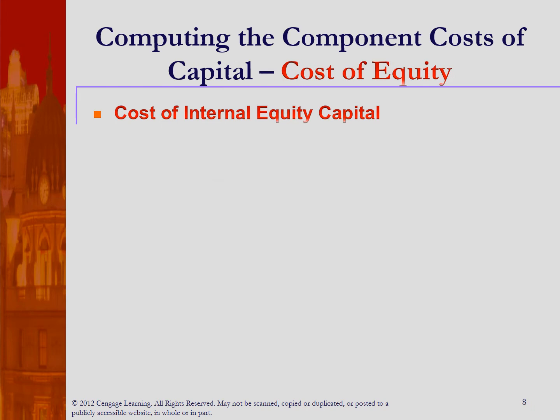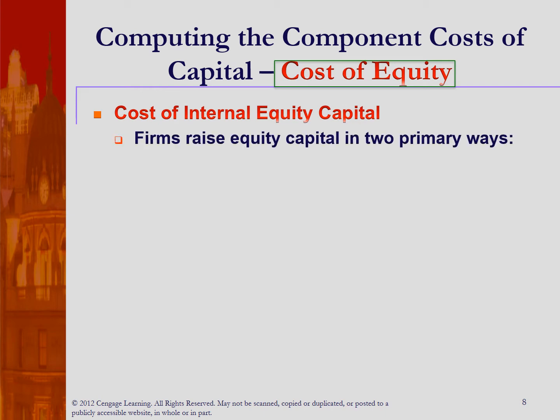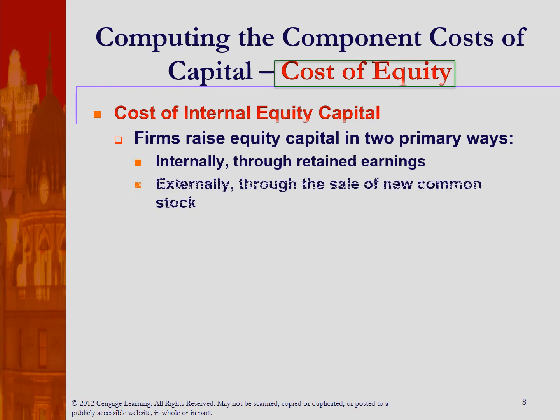The last computation we would like to discuss is the cost of equity. The cost of equity is the rate of return required by a firm's shareholders. Firms raise equity capital in two primary ways: internally, through retained earnings, and externally, through the sale of new common stock. Consequently, we will discuss the cost of internal equity and the cost of external equity.